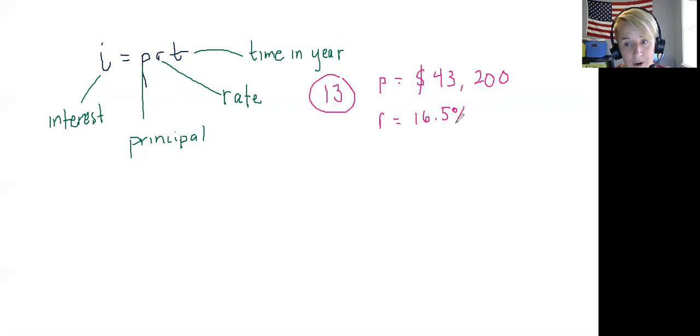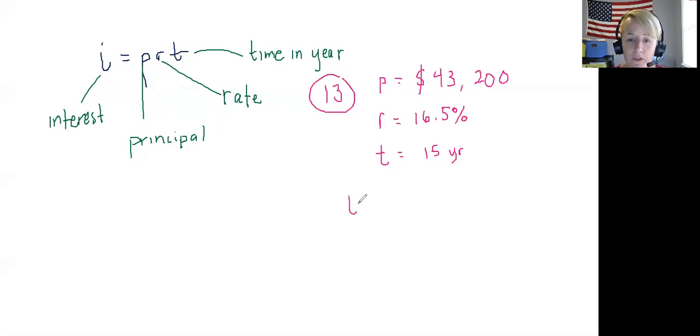When you're older, if you borrow money at a 16% interest rate, this is not a good deal. And the time of this loan is 15 years. And notice that our time is in years, so we don't have to do any conversions there. Problems 13 and 14 are given to you in years, but 15 and 16 are not. They're given to you in months. So be sure to convert that. And if you have questions about that conversion, please let me know.